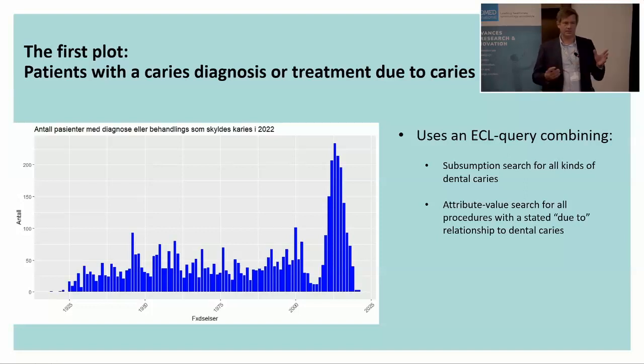So we created a query against our data and said, give me all patients with a caries diagnosis or a treatment which is in SNOMED stated to be due to caries, sorted by their year of birth. And this is the graph. So who would want to know that query? I don't know. But it was cool just to see that we could throw this complex instruction at Snowstorm X and it sorted all of our post-coordinations and we could then count the patients.